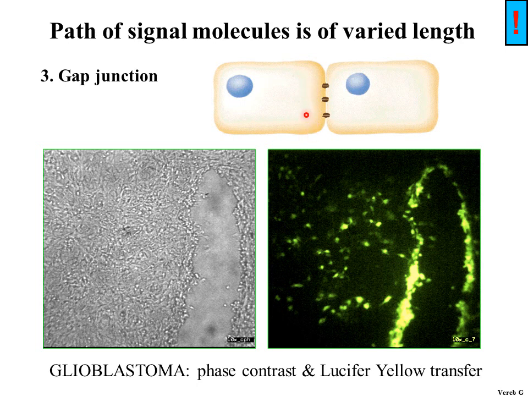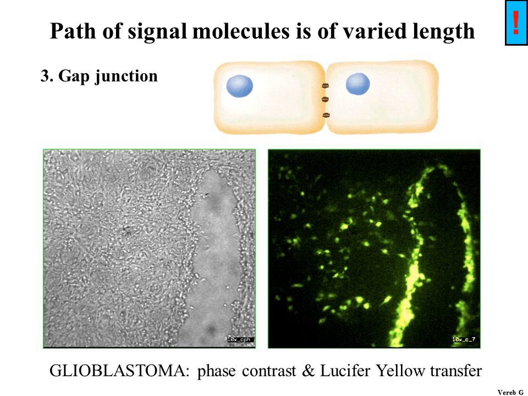This electric charge and the depolarization it represents can easily pass through the gap junction, and it's a very fast way of transferring the depolarization to the postsynaptic cell, which can then forward it.